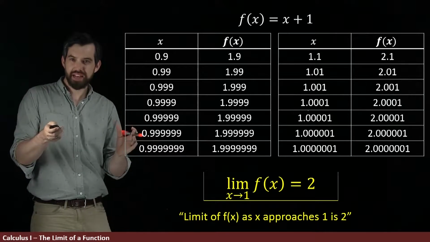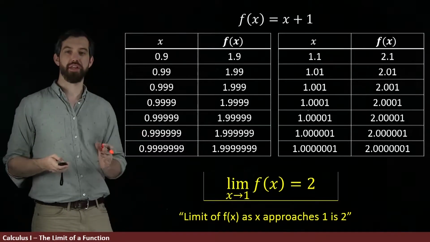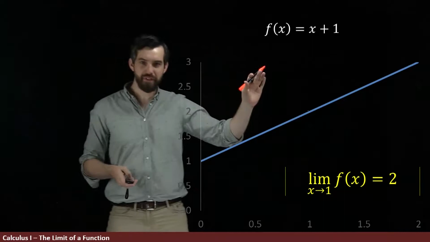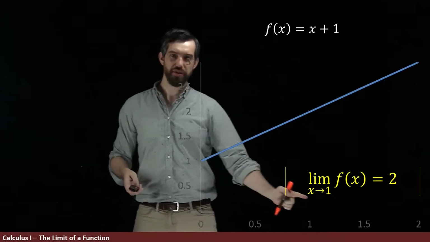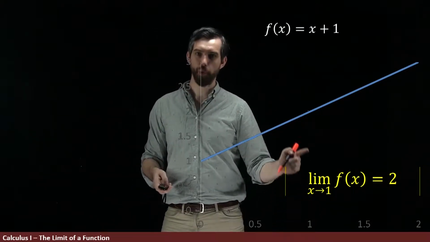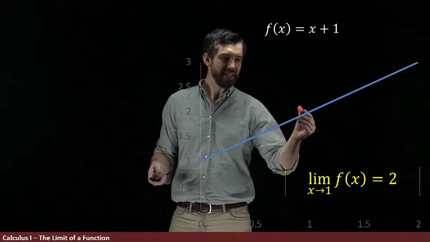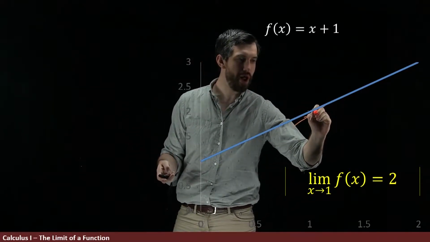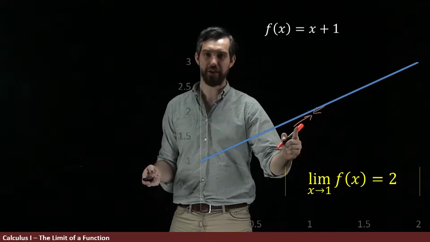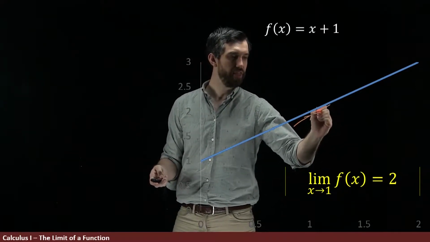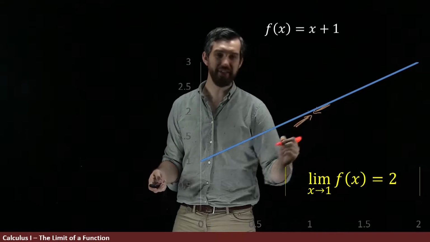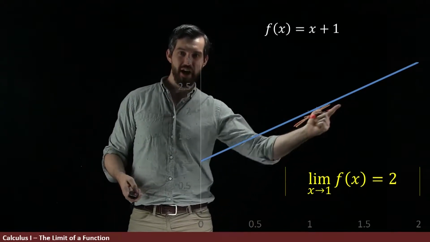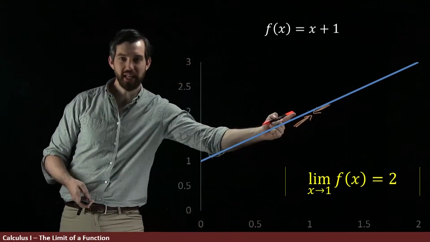So now let's investigate the same thing, but graphically. So here's our f of x, and what I want to do is look as we get close to 1 here. Basically the idea is that if I get really close to 1 from either side, either from the left or from the right, my function values all get close to, what's the height here?